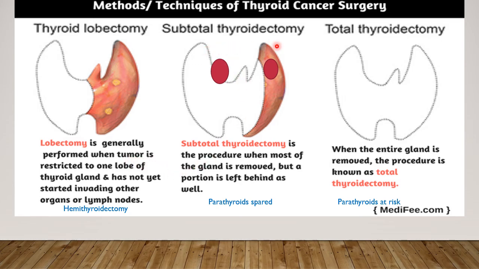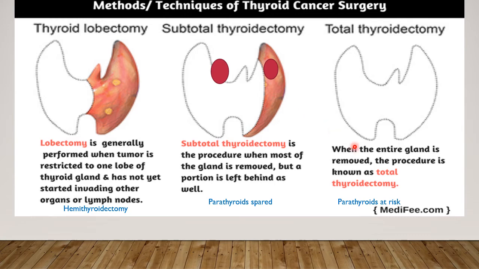Then subtotal thyroidectomy or STT is the procedure when most of the gland is removed, but a small portion is left behind as well. So you see, most of the thyroid, the white part, is removed, leaving behind a thin rim of thyroid tissue on one side. Some people prefer to leave some tissue at the apex on both sides, whereby the parathyroids are spared.